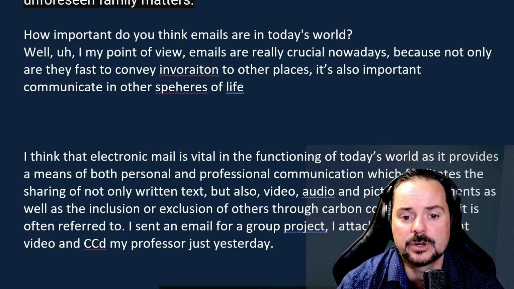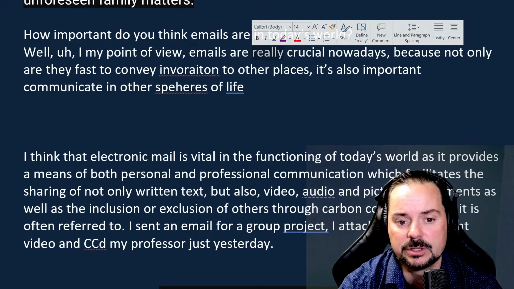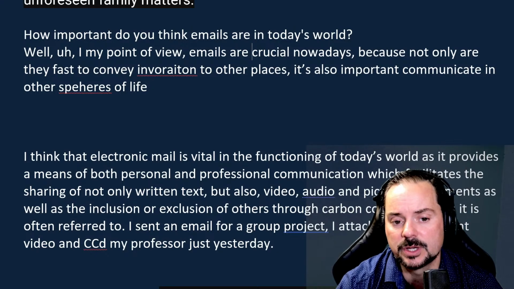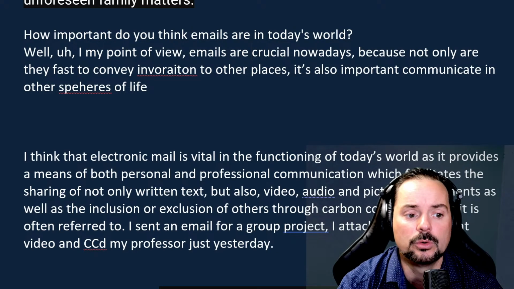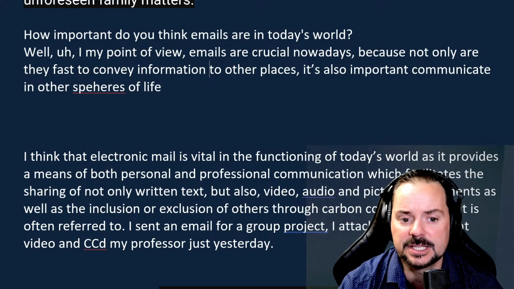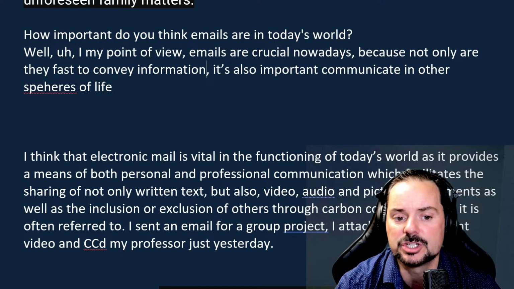You said emails are really crucial. We generally don't say really crucial because crucial includes really. So emails are crucial, but it's okay. In spoken English, it's okay to do that. Emails are crucial nowadays because not only are they fast to convey information to other places. You don't need the to other places, just convey information.